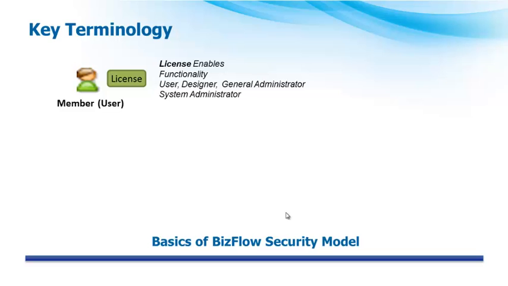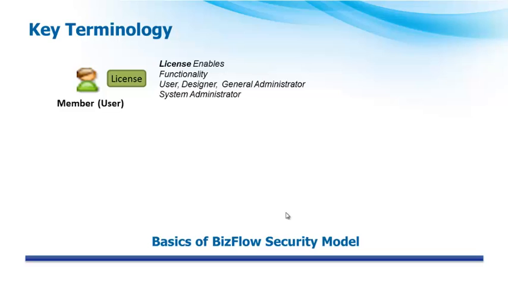A member, and in this case a user, has a given license associated with their member profile, and licenses enable functionality. In BizFlow, there's different types of licenses. There's 4 types of licenses a user could have. They could either be a user, a designer, a general administrator, or a system administrator, and or all of the above.